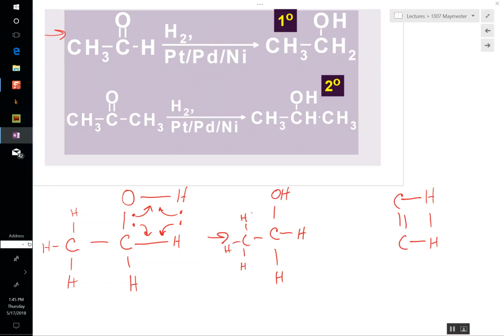If you hydrogenate a ketone, what is a ketone? A ketone has the carbon-oxygen double bond in the middle somewhere. And if you hydrogenate it, you're going to get a hydrogen on here, and you're going to get a hydrogen on that oxygen, which is exactly what you end up with here. And you get a secondary alcohol.